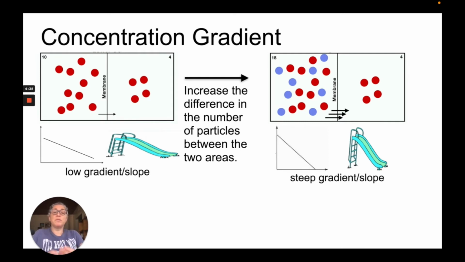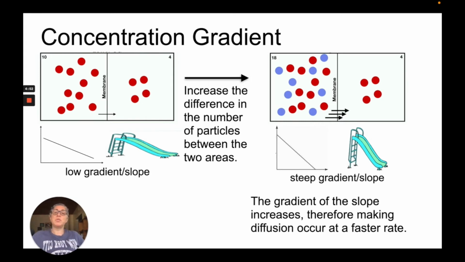Therefore the diffusion of the molecules in our second diagram will happen much faster due to the greater concentration gradient between the 2 spaces. So the greater the concentration gradient, or the greater the difference between the 2 areas, the faster diffusion will occur.